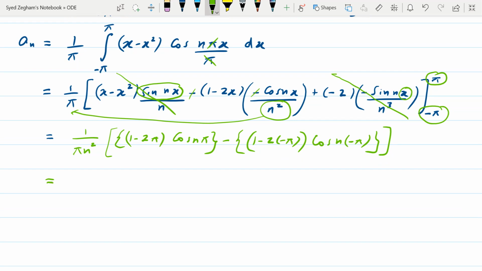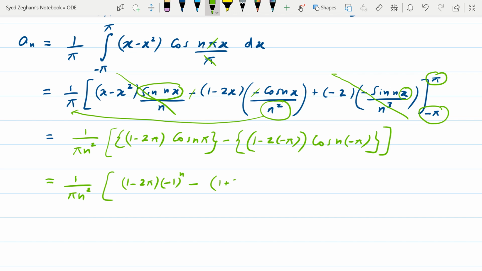So this will further simplify to 1 over pi n square, 1 minus 2 pi multiplied by cosine n pi. Cosine n pi is defined as minus 1 to the power n. And the second term becomes 1 minus 2 times minus pi.